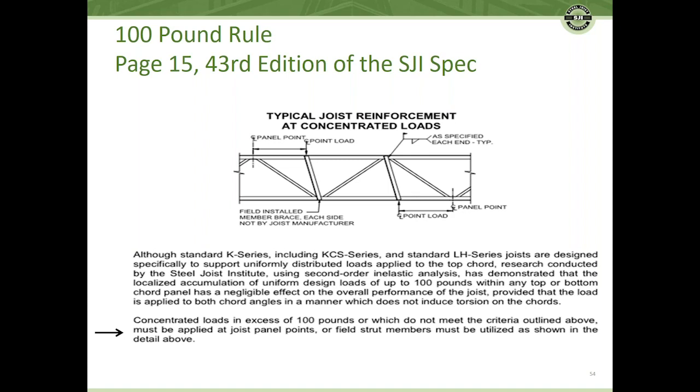That's a good thing to keep in mind as relatively new to the industry: not all additional concentrated loads need extra web members. As long as they're applied correctly and small enough, the joist will act appropriately without that extra web member.